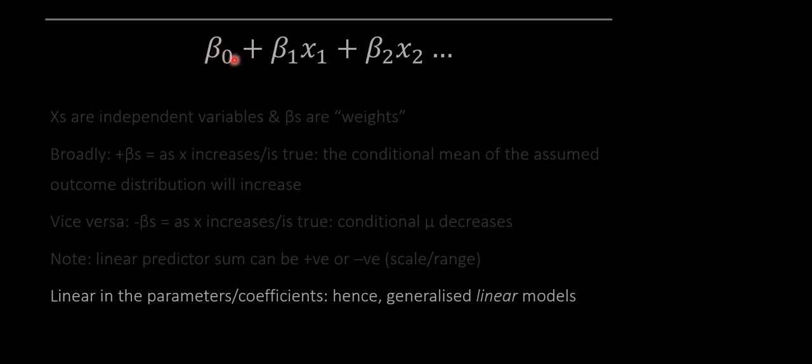We've got the intercept, then our first coefficient times our first independent variable plus our second coefficient times our second. We're just multiplying the coefficients by the independent variables and adding them up. We're not doing anything more complicated than that. There are no divisions or higher powers explicitly in the betas or anything like that.